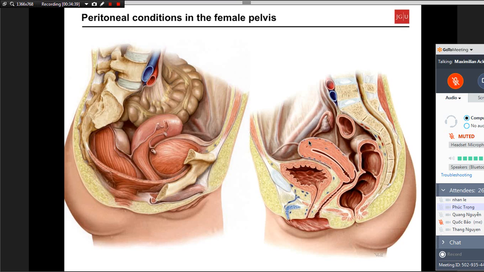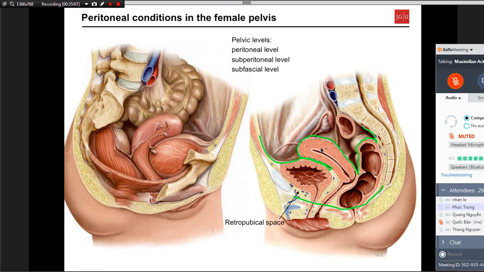So how are the peritoneal conditions in the female pelvis? So you have pelvic levels. First of all, the peritoneal level, the subperitoneal level, and the subcutaneous level. And this is the recto-uterine space, the so-called pouch of Douglas. And this is the space between the bladder and the uterus itself.